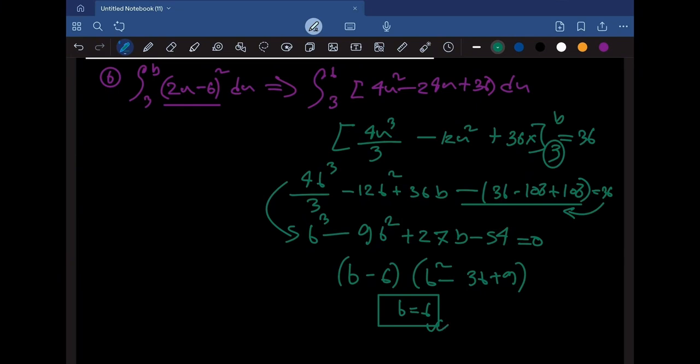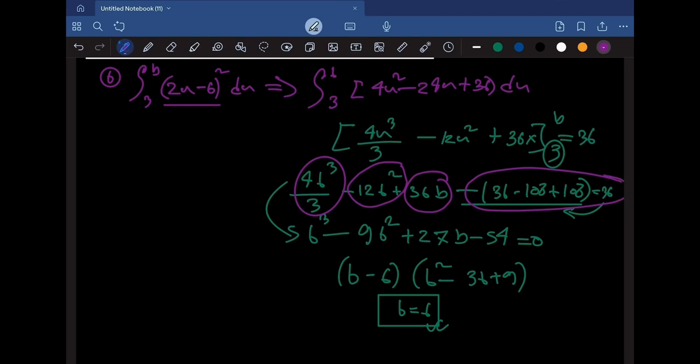Now you guys might ask me what I have actually done here. I have actually divided all of these values by 4 by 3: this by 4 by 3, this as well, this as well, and this also.